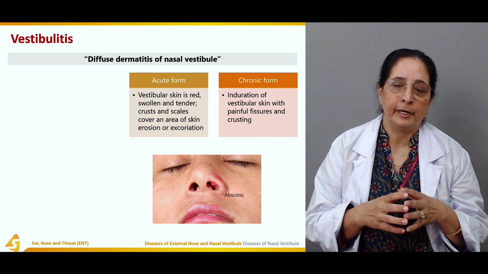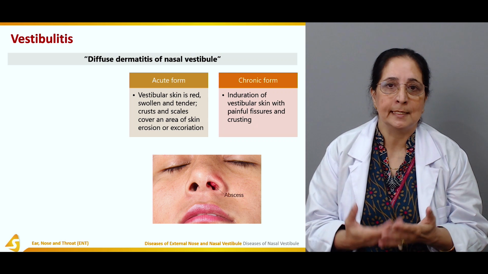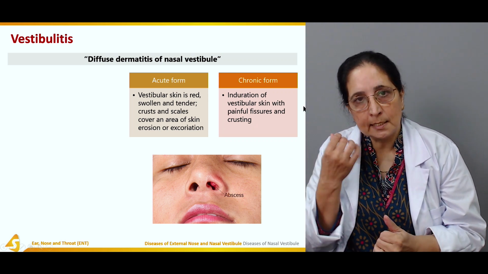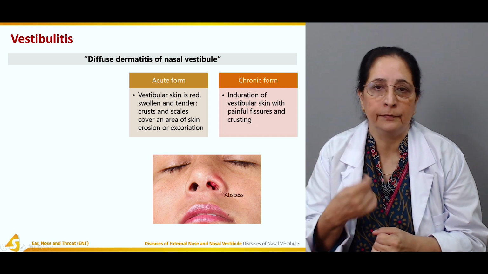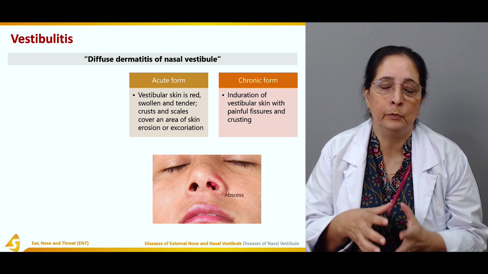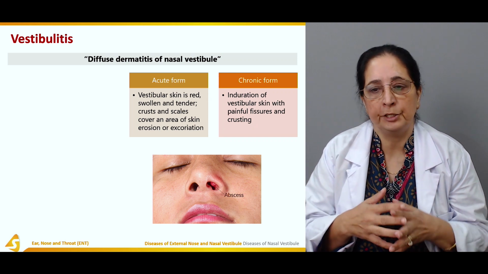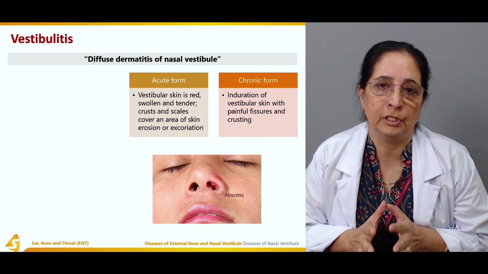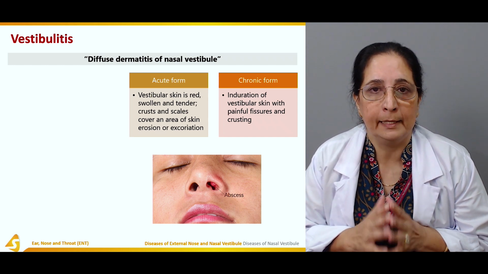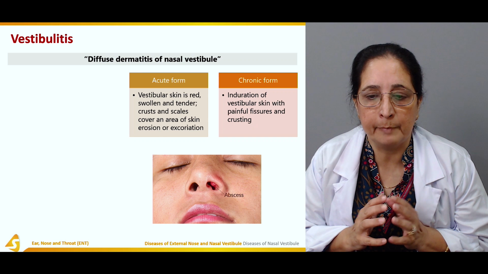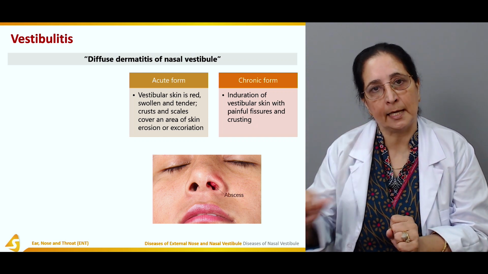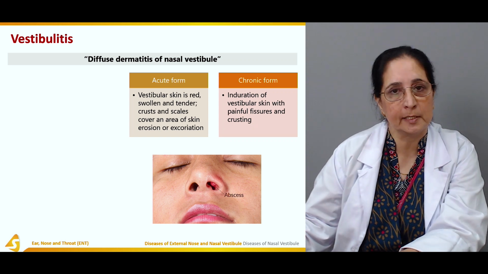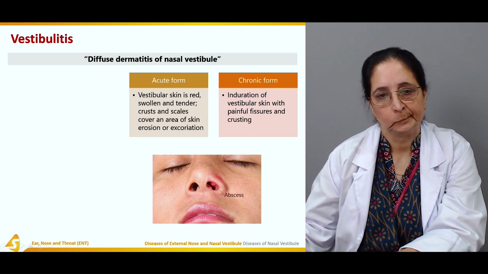As a result of constant handling of the nose and the vestibule, there are fissure formations and crusting, and those fissures are painful and can hurt really bad. Fissures are cracks in the skin. So as a result of constant handling, there is fissuring and crusting of the nasal vestibule.